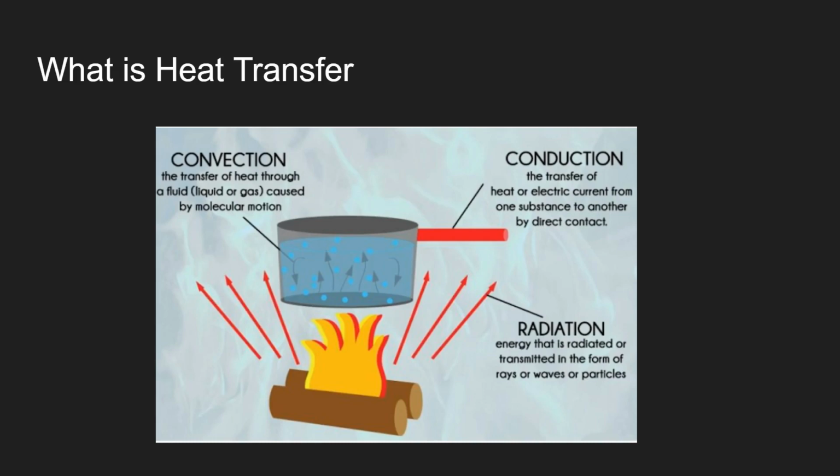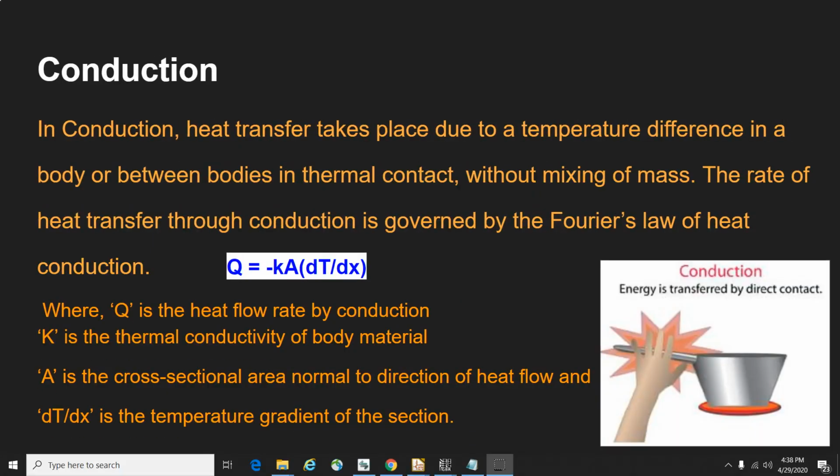So this is what we mean when we say that a temperature gradient has to exist for the heat to flow. Here we can see all three important features of heat transfer mentioned, and we are going to discuss them in detail in the coming slides.